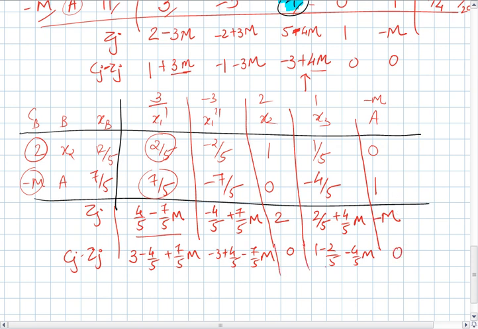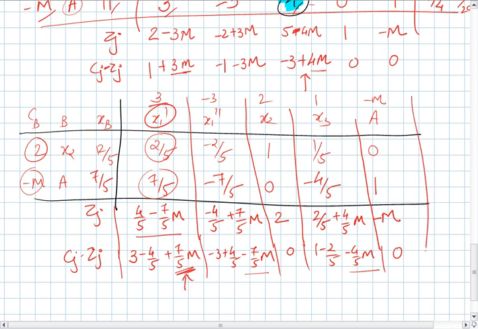Okay. So we have Cj minus Zj; evaluate for which value you have the maximum. 7 by 5 m is a very large number because m is very large. This quantity and this quantity are negative with m, so they are smaller quantities. So this is the larger quantity, so x1 dash will enter the basis.